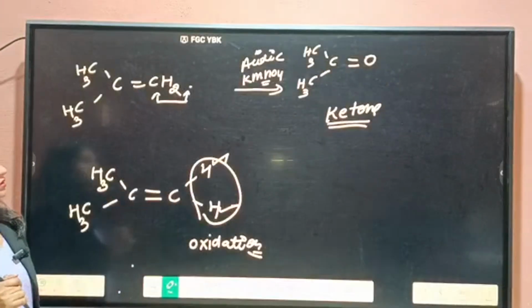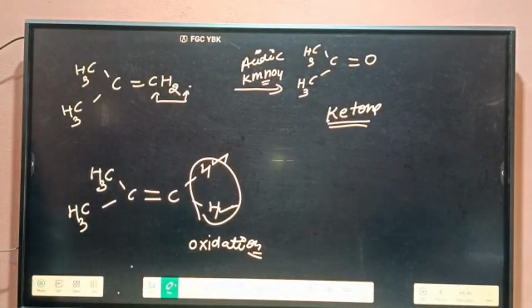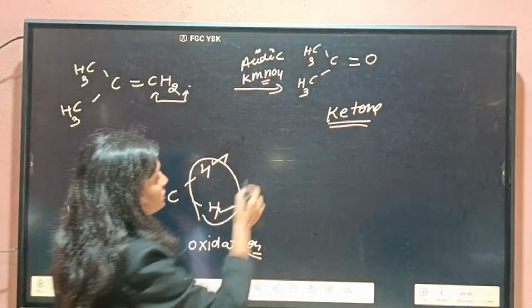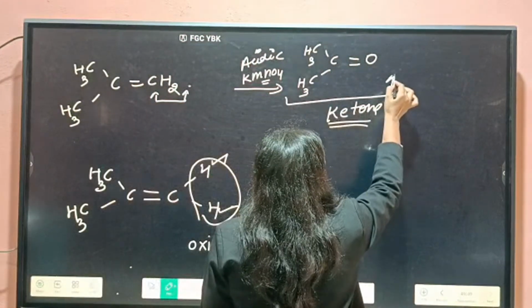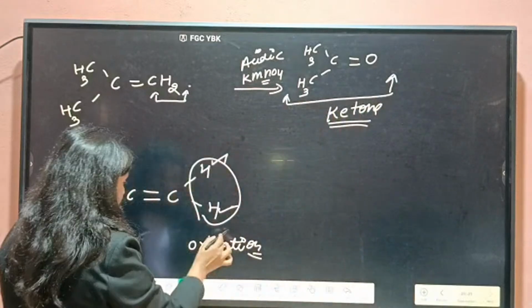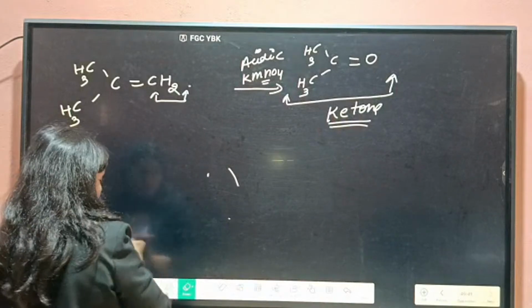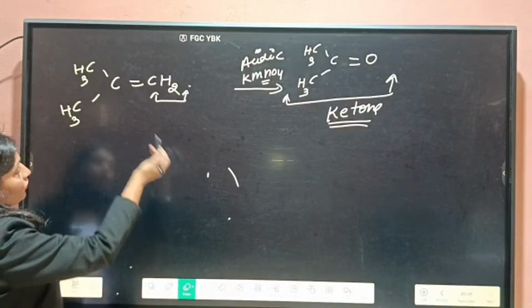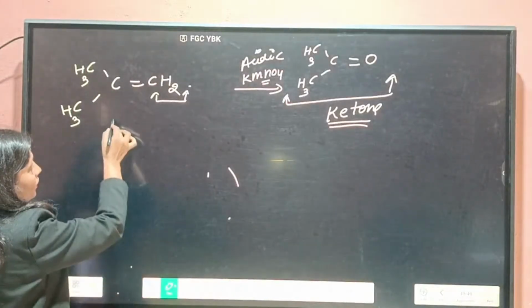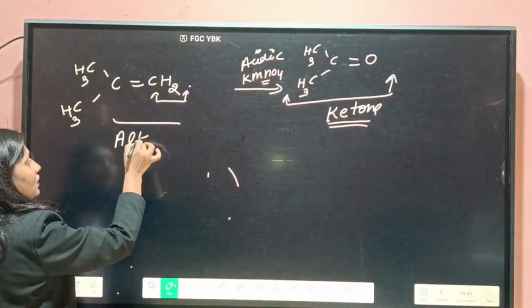Wait a minute. Confusion in that reaction. Yes, we get this one. We get ketone here. See, here we are having an alkene.